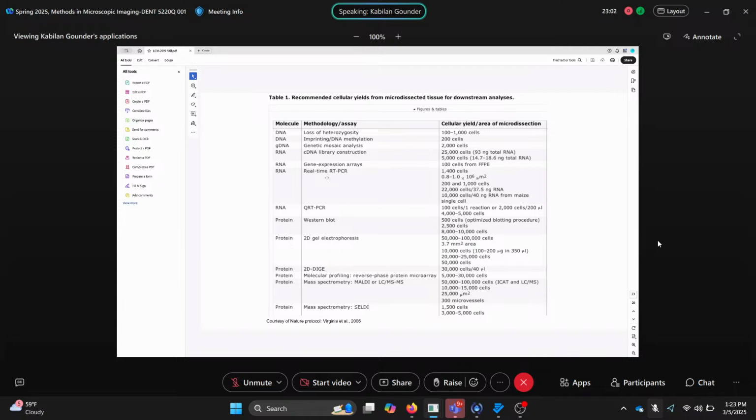For Western blot, you need 500 to 2,500 cells. If you want to analyze by 2D gel electrophoresis, that requires more cells. These are some examples showing that if you want to study your samples further, you require a lot of tissue with a similar structure so that you can easily isolate the cells.